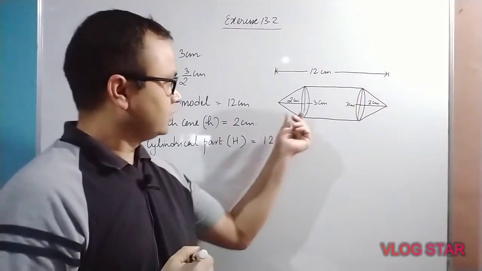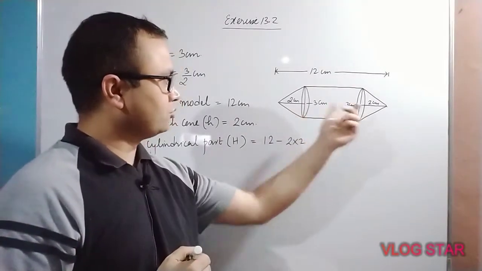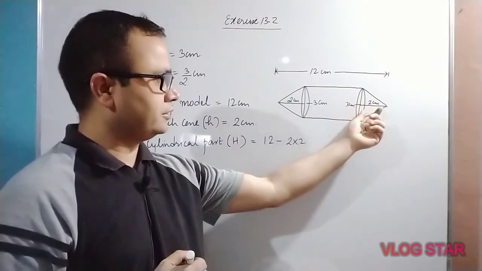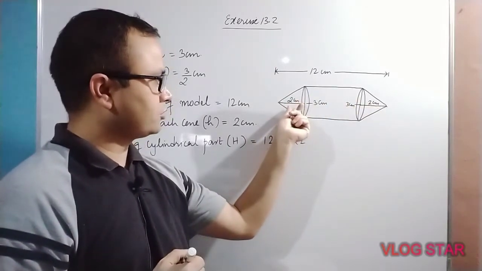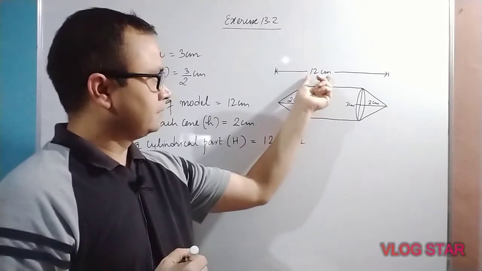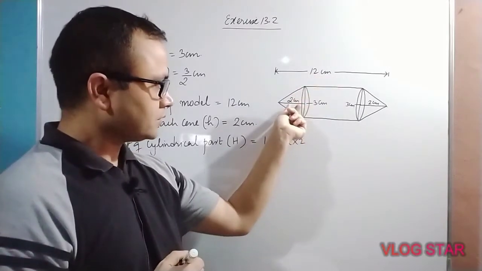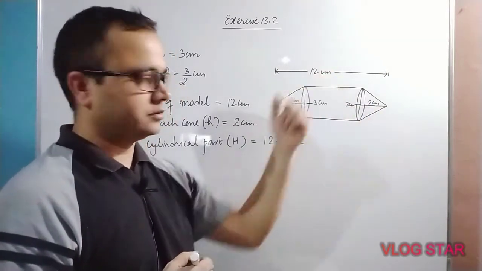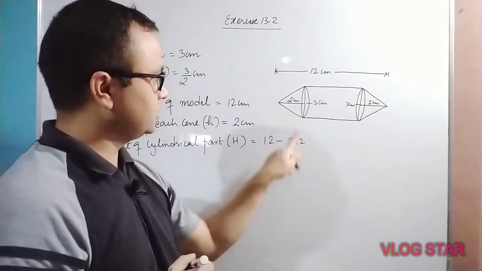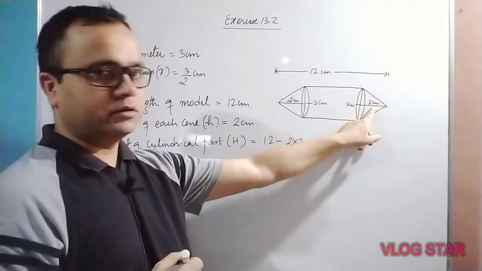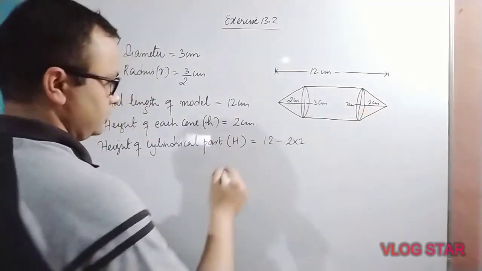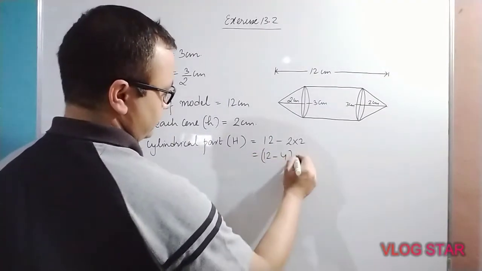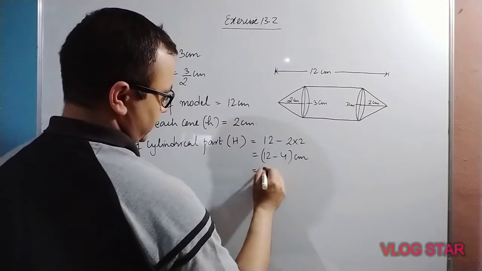Because on both sides there are two cones of 2 centimeter height. So we subtract these 2 centimeter and 2 centimeter from the 12 centimeter. 12 minus 4 centimeter, so this will be 8 centimeter.